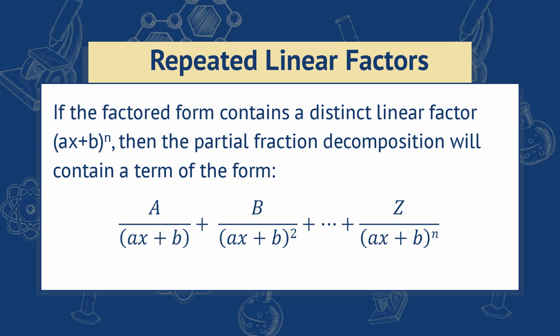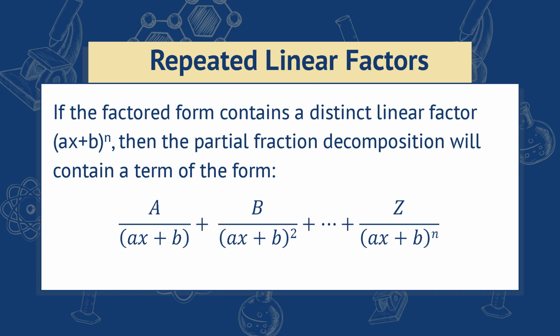So for example, if our n were 3, we would only have until c divided by ax plus b raised to 3. And for 4, it will be until d divided by ax plus b raised to 4, and so on and so forth. So the number of repeated linear factors will depend on the exponent of the linear factor.